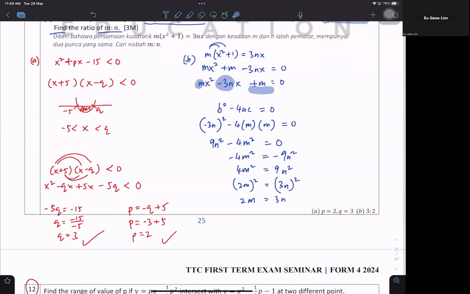Then you do like this: times 2 bring over, divide 2, so 3 over 2. And this times n bring over, divide n, so m over n. So m over n equals 3 over 2. And then divide is ratio. So m divide n becomes m ratio n, 3 divide 2 becomes 3 ratio 2. Done. That's the answer. So m to n equals 3 to 2.